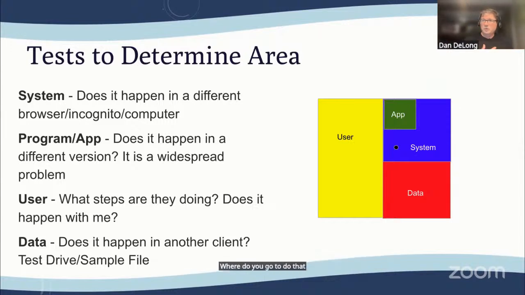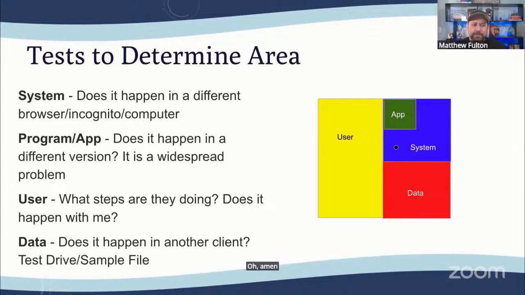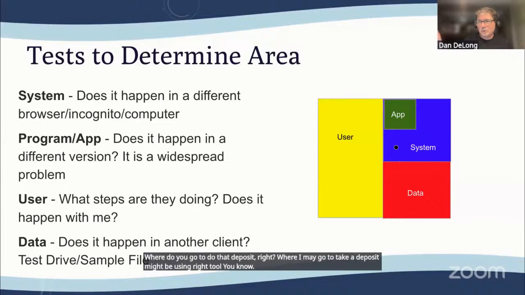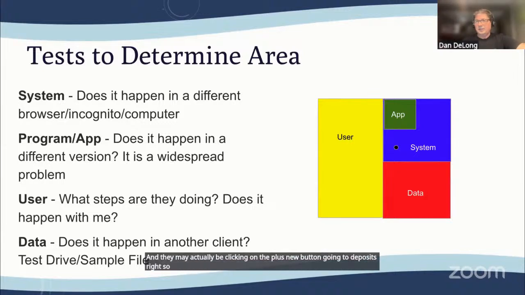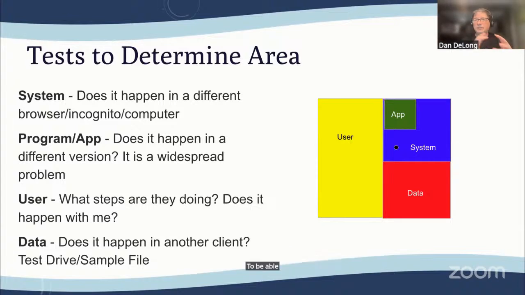Because where I may go to take a deposit might be using shortcuts that I have bookmarked, and they may actually be clicking on the plus new button going to deposits, right? So understanding the exact steps they're taking lets you duplicate it to see if it's something the user might be doing.